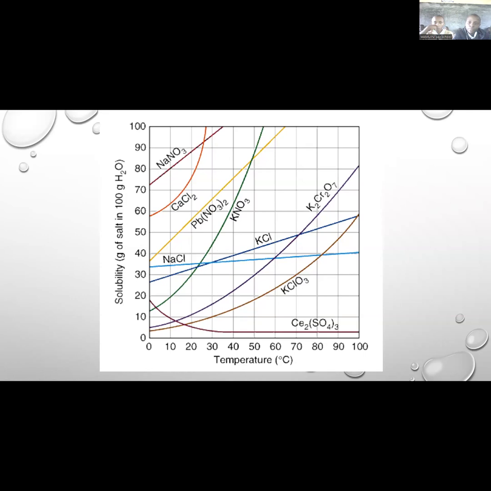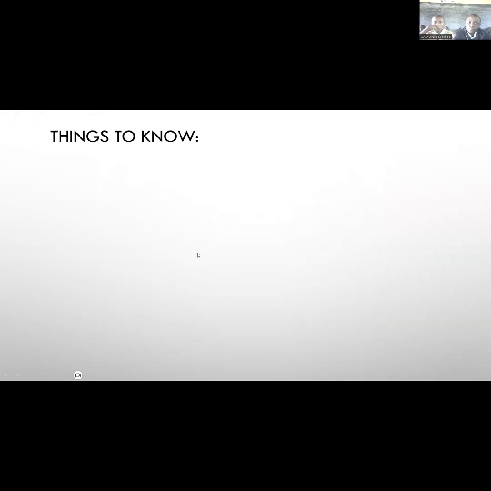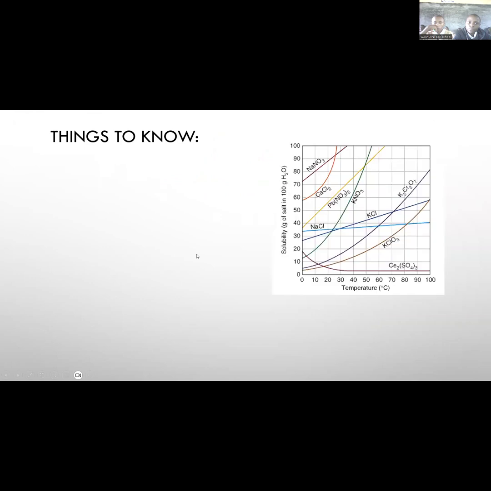Now, if you want to write something down, here's what we're going to write down. These are the things that you need to know. Firstly, that some are just more soluble. That's obvious. We said sodium nitrate is very, very soluble, but calcium chloride overtakes it, but potassium nitrate never catches up with it.